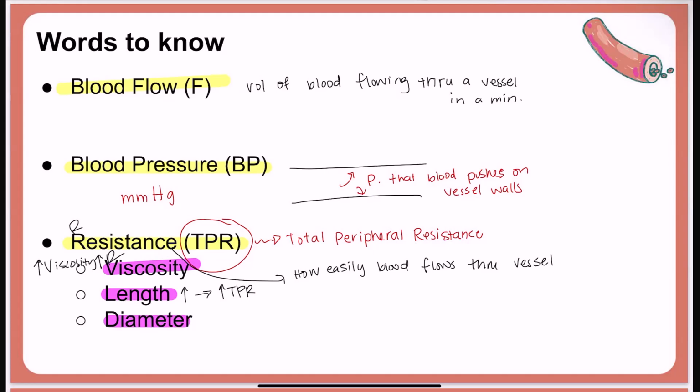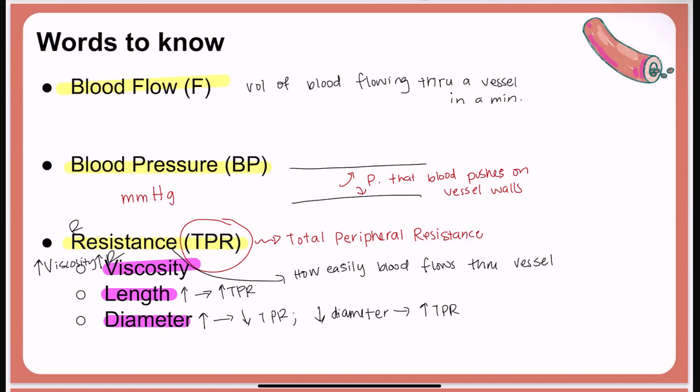So if we increase our diameter of our blood vessel, then we would have less TPR. That would be in cases of like vasodilation, for example. If we decrease our diameter, then that would lead to more TPR, more resistance.